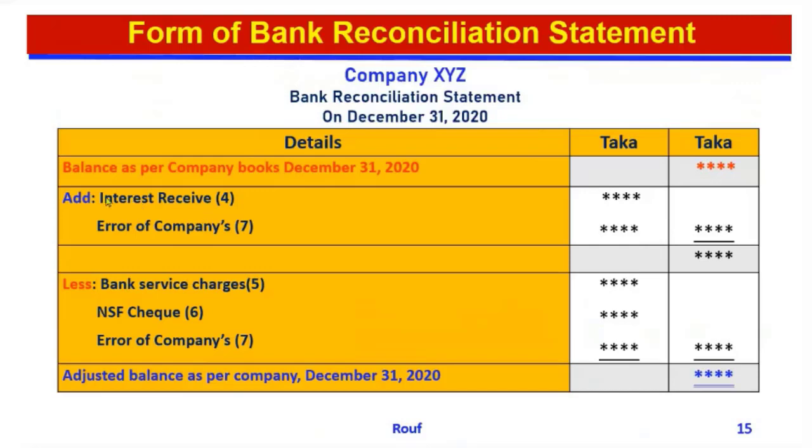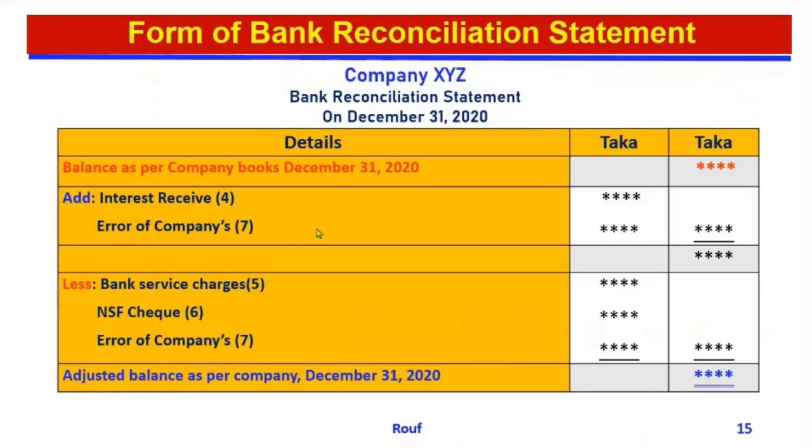One is interest receipt or income added with the balance of company books, and less the other two items, bank service charge or any other charges, and less also NSF check. And another item, company errors or error of the company. This item will be added, also less, depending upon the transaction categories.